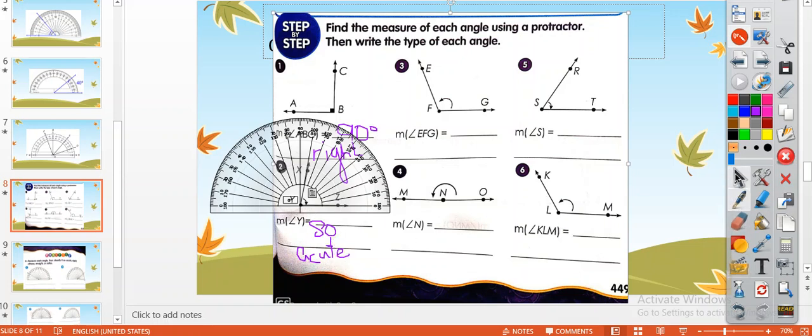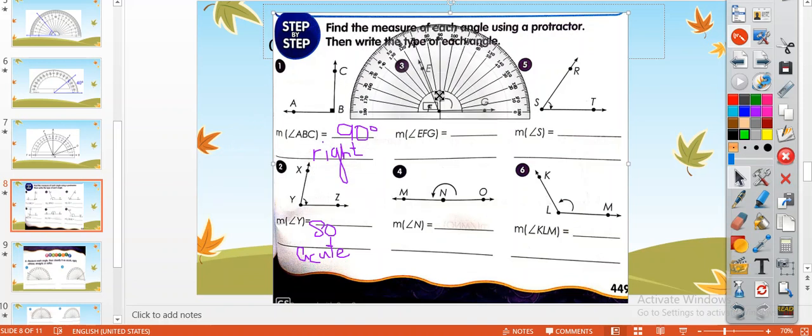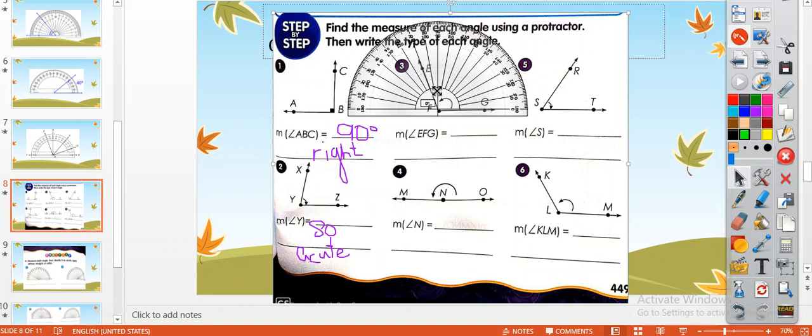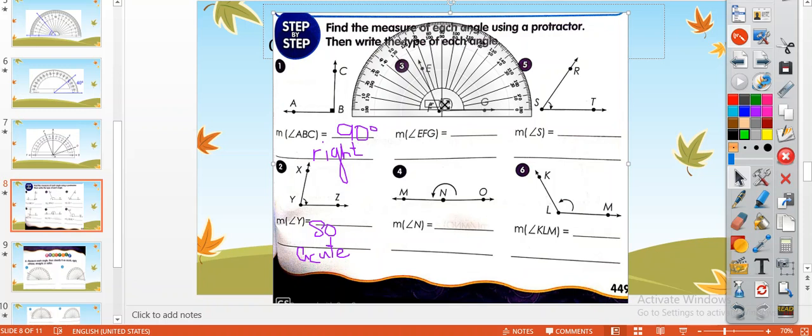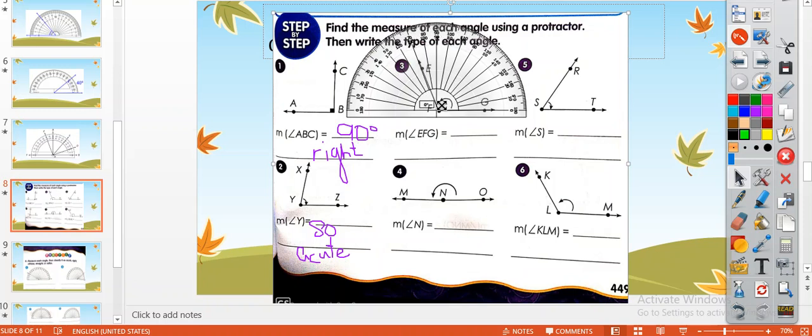Okay, question 3. Take the protractor with you. Place the vertex in the intersecting line. The line of the angle is exactly on the line of the, yes. So the angle here measures, well, does it measure 70 or 110?